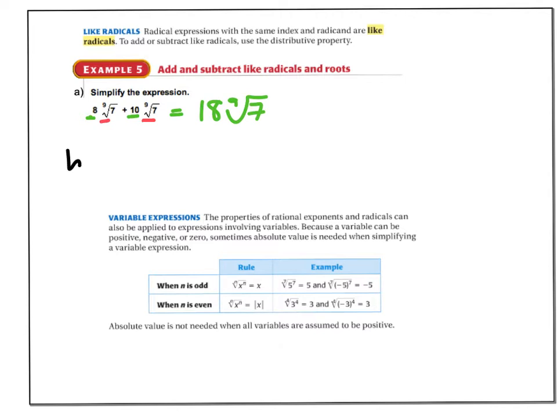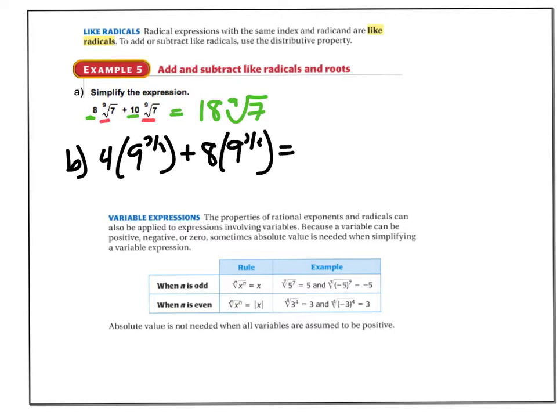So we'll do one more example. I'll write example B, and that'll be 4, and I'm going to do this with rational exponent notation. So you have 4 times 9 to the 2/3 power. That could be written in radical notation, but I want you to see it in rational exponent notation. And you have 9 to the power of 2/3 again.